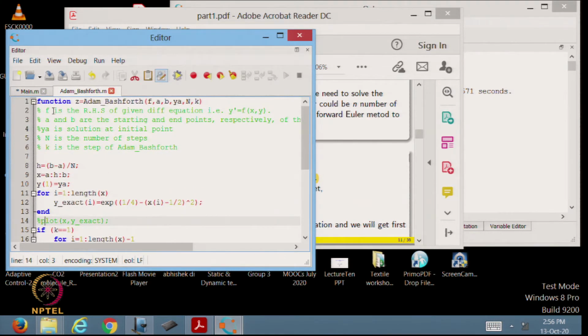So again the prototype of this function is this, which you can observe from here. Function z is equal to Adam-Bashforth and arguments are f, a, b, y, a, n and k.